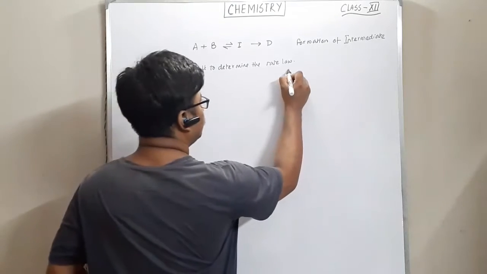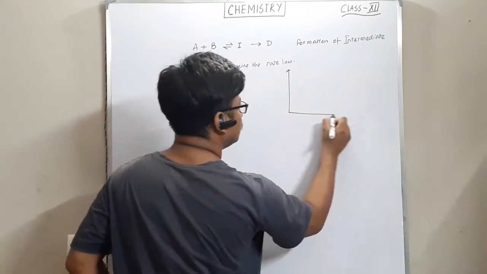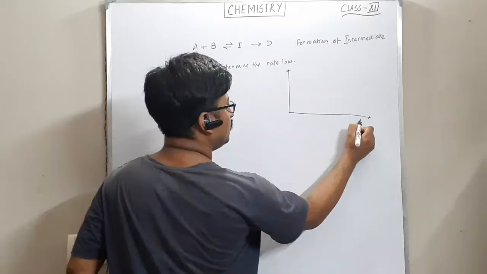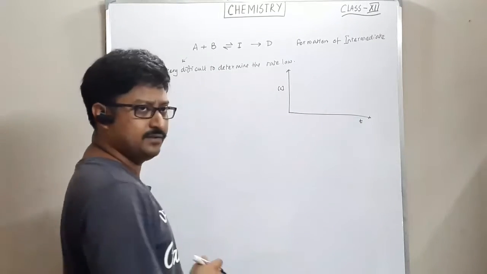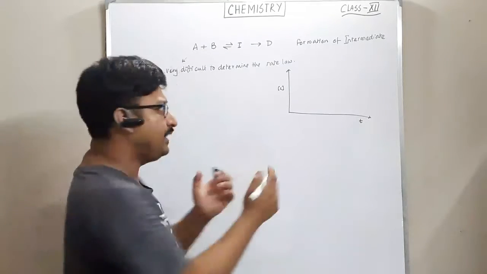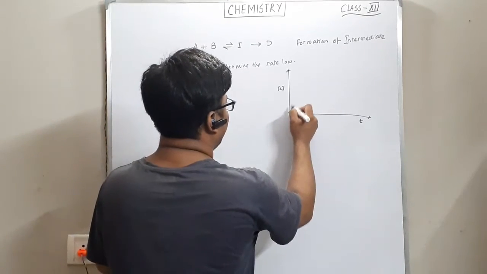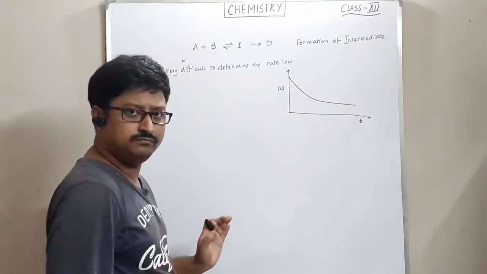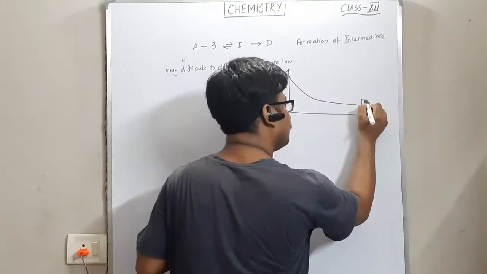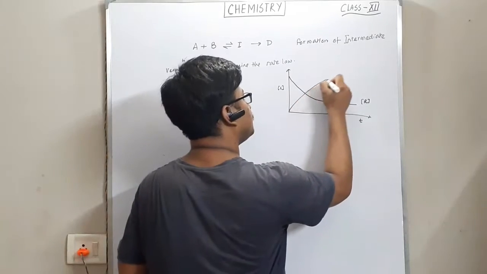Let's look at the graph, with time and the concentration of the products and the reactants. For the reactants, this will be the graph. For the products, this will be the graph.